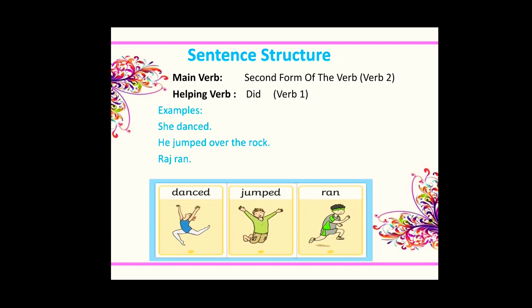Now we will talk about sentence structure, or how exactly we should use it. When we talk about the main verb, we use the second form of the verb in past indefinite tense. Okay, now the helping verb. The helping verb is did. You can see on the slideshow that where I have written did, there in brackets you can find verb 1.